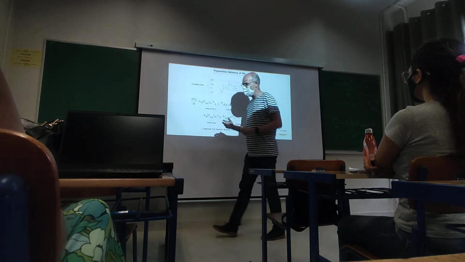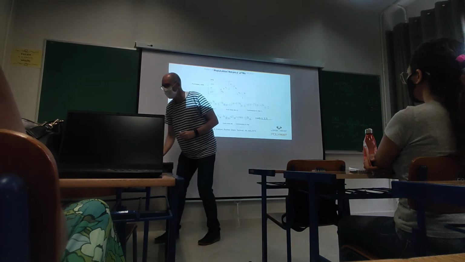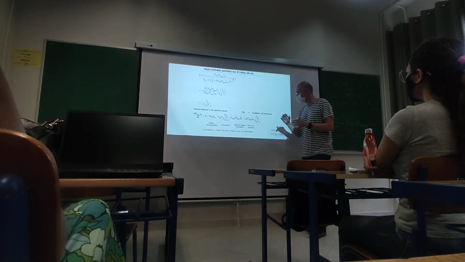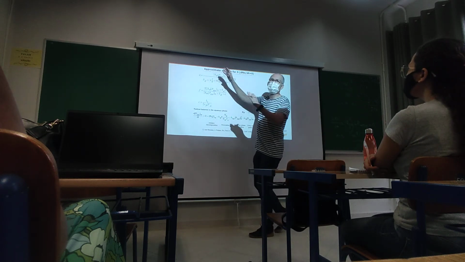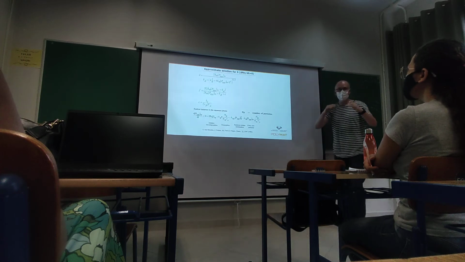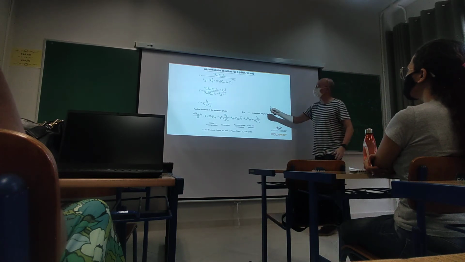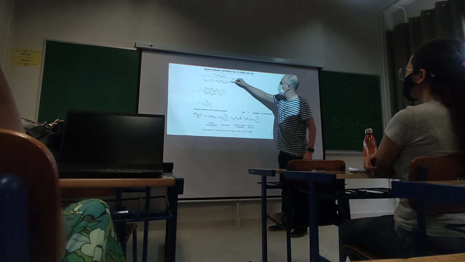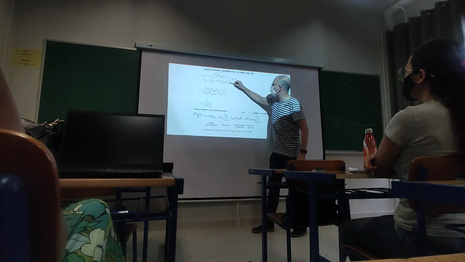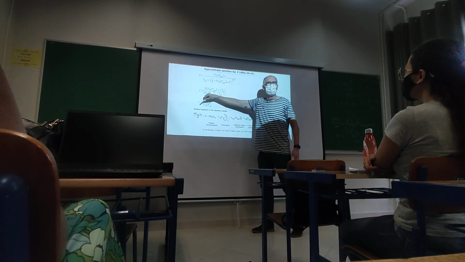But an easier solution was proposed later by other authors. But this is an approximate solution. It's not an exact solution like the series solution. And in this solution, N bar can be calculated by this equation, where F is given by this and C is given by this. Okay?